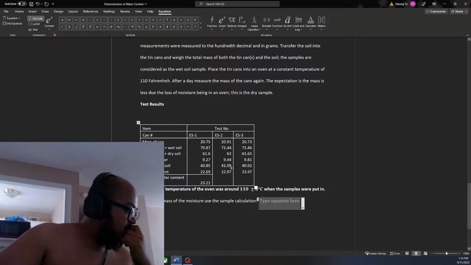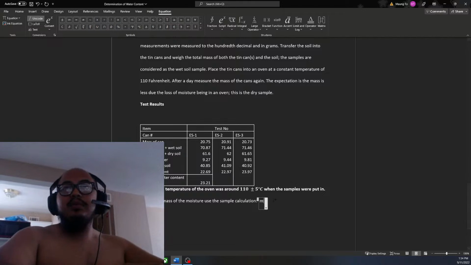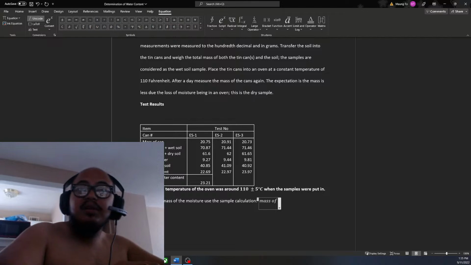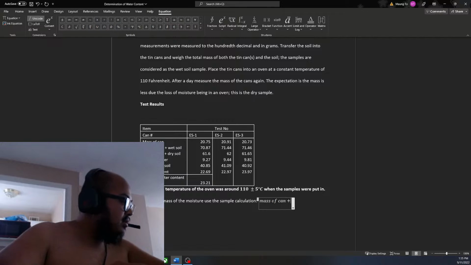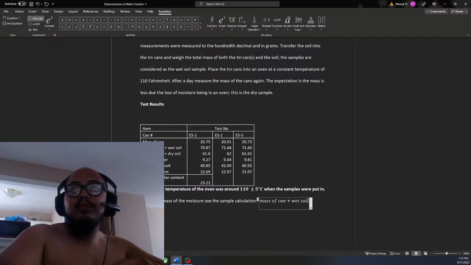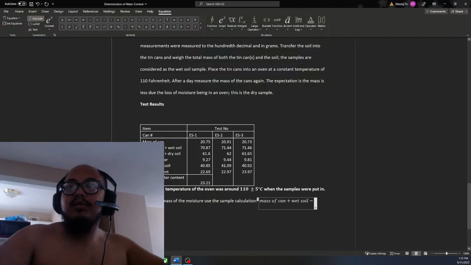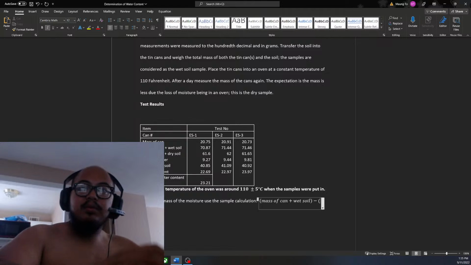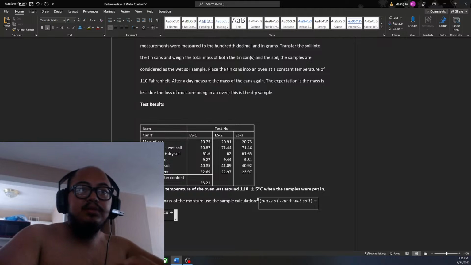This one will be the mass of can plus wet soil, minus (put that in parentheses) the mass of can plus dry soil.